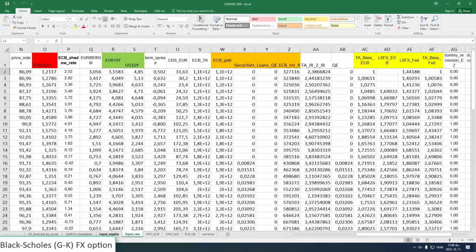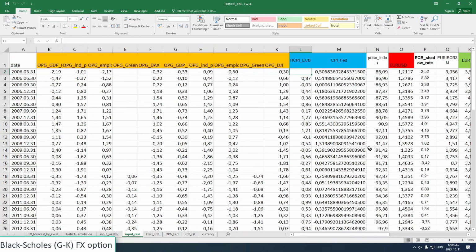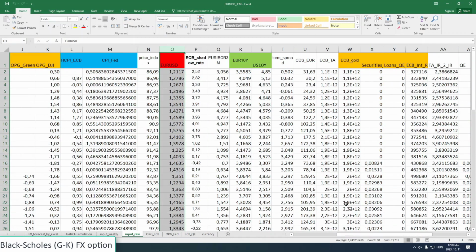Yeah, so we have the following data set. We have quarterly data for US dollar euro, and we got the interest rates.